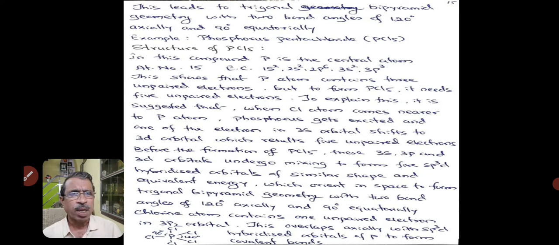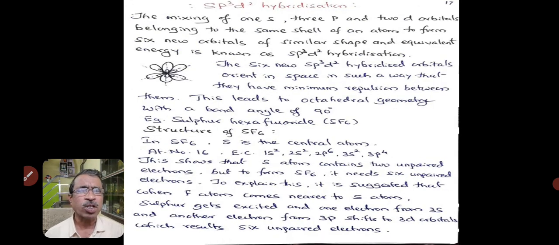Chlorine atom contains one unpaired electron in 3p-Z orbital. This overlaps axially with sp3d hybridized orbitals of phosphorus to form the 5 covalent bonds. The structure is shown.